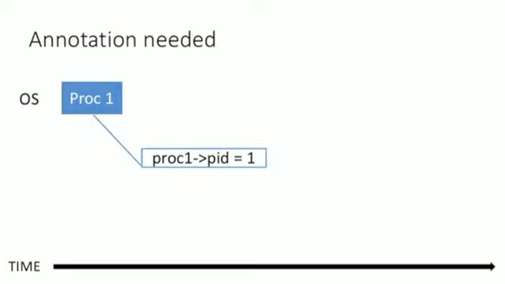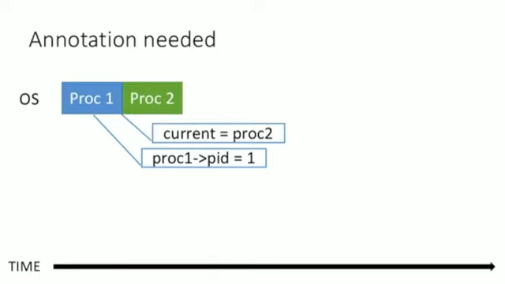So first, let's talk about the annotations we need for this task. As we said before, our MPI is inspired by the operating system isolation mechanism. So first, let's review the OS process model. One process has its own ID to identify the process.